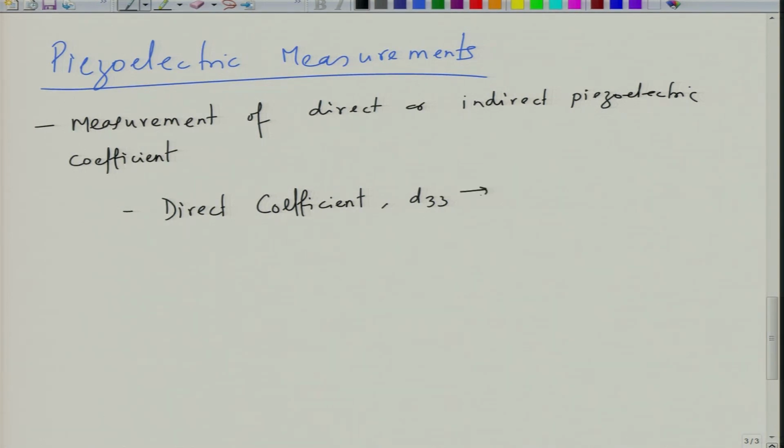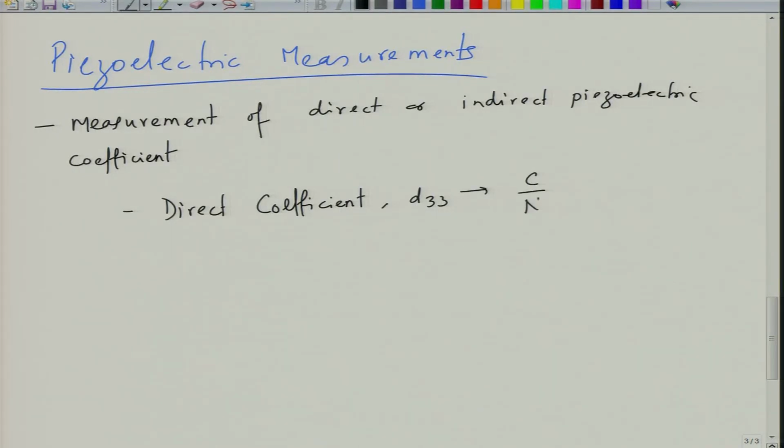So, the direct piezoelectric coefficient is when you apply stress and you measure the polarization. So, basically you are measuring Coulomb per Newton of force, that is what the direct piezoelectric coefficient is. The polarization is the response and force is the applied force.